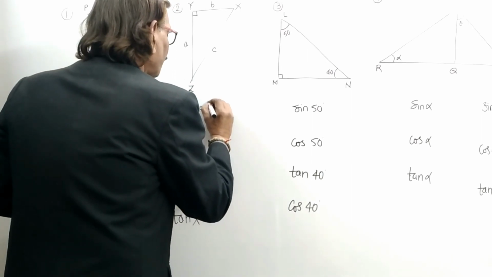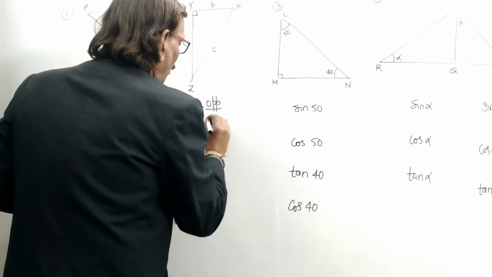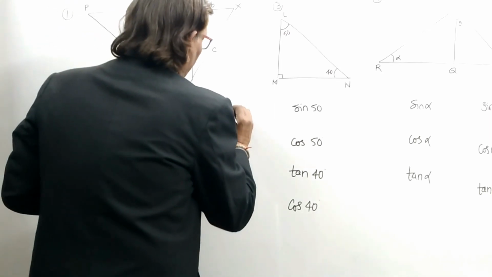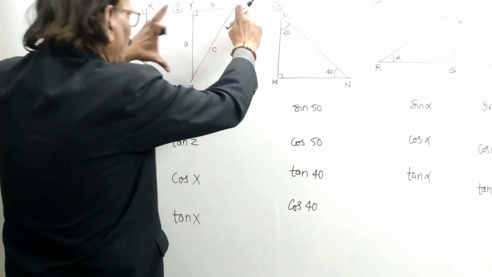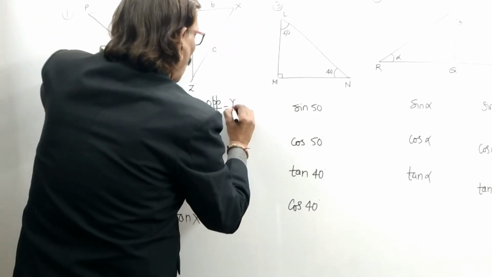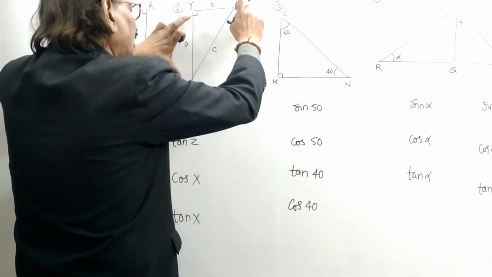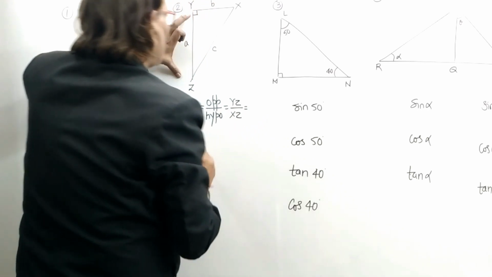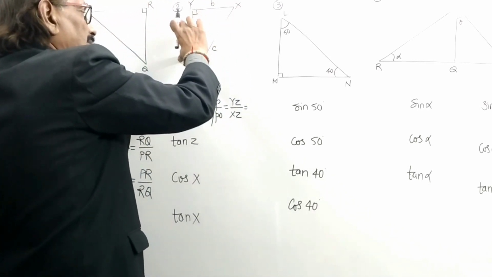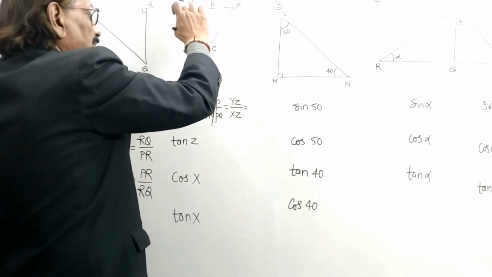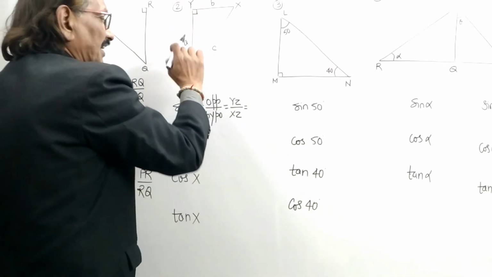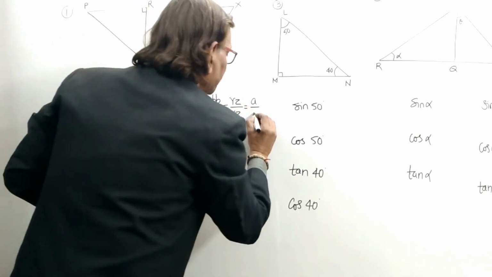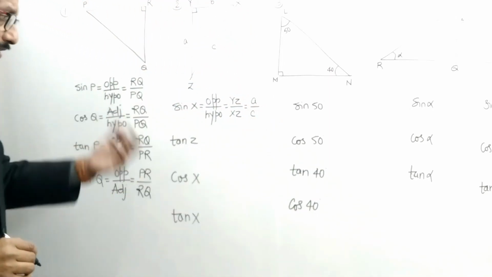As usual, you know, opposite upon hypotenuse is sin X. Now when I say X, the opposite side is YZ upon the hypotenuse is XZ. What about the opposite side? Measure of the opposite side, that is measure of YZ, that is A. And the measure of XZ is C. So this is how we need to write it.